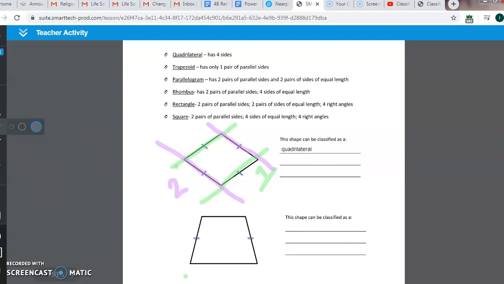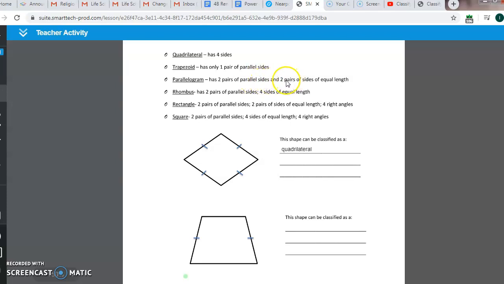I'm going to take my eraser and erase these markings that we did. Okay, so we know that our shape is not a trapezoid. So let's go to the next shape below and test to see if the shape that we have is a parallelogram. Parallelograms have 2 pairs of parallel sides. Well, just before we realized that our shape did have 2 pairs of parallel sides.